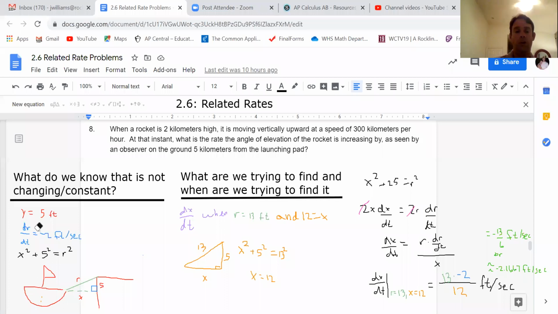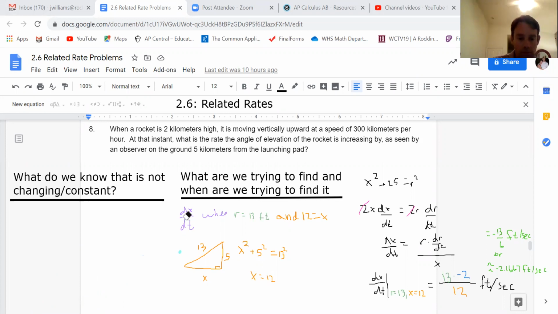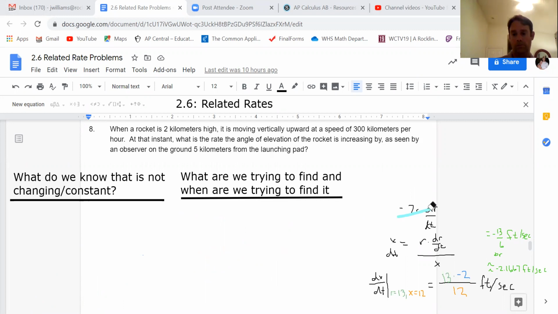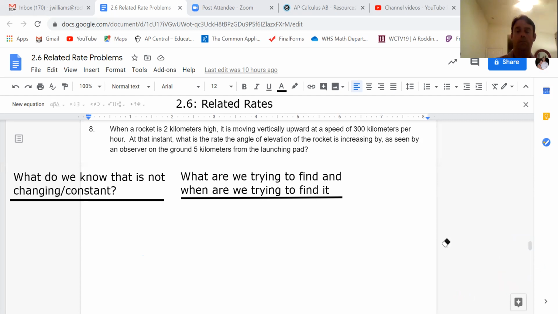The setup while I am erasing, and then we'll try it. All right, here we go. We're shooting rockets into the air.